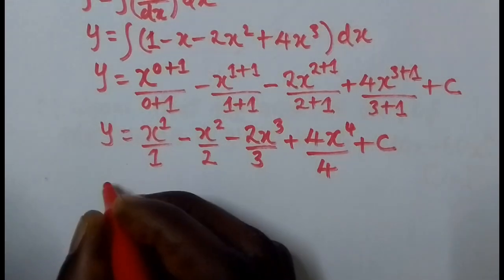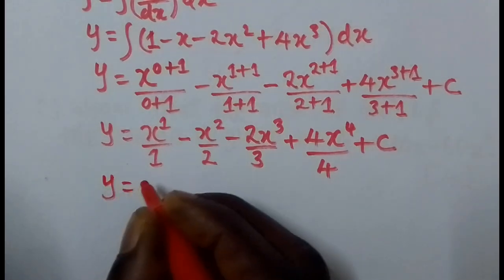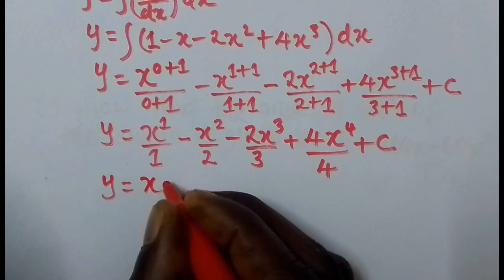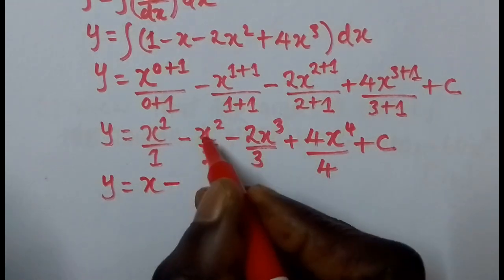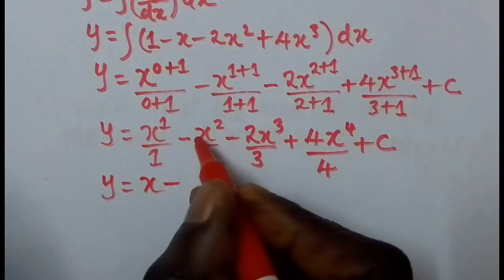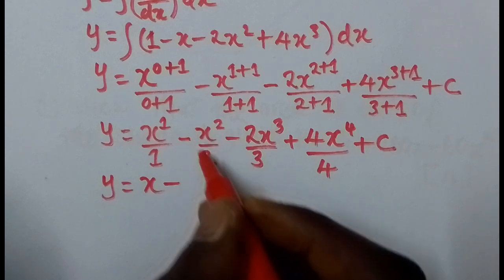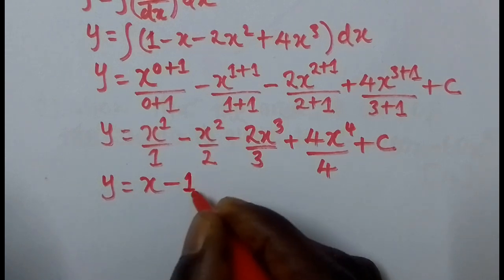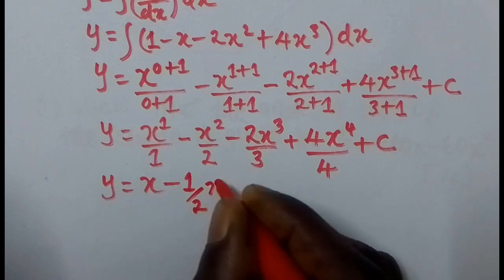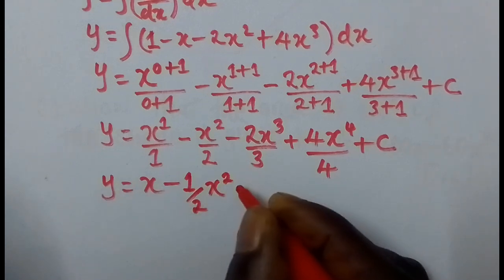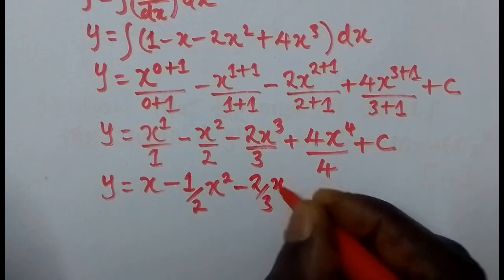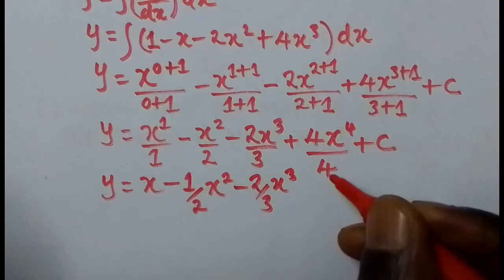For the first term, we're going to write y equal to x, then minus the coefficient of x squared, here there's a 1 and over a 2, so we'll write it as 1 over 2 x to the power 2, then minus 2 over 3 x to the power 3.